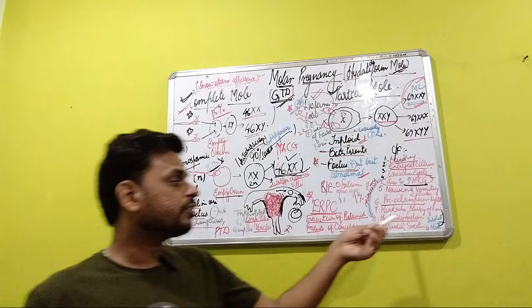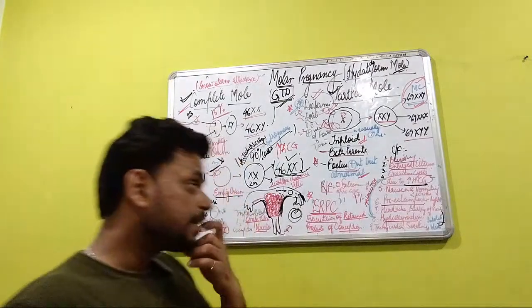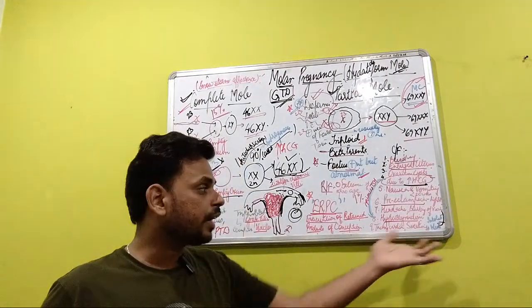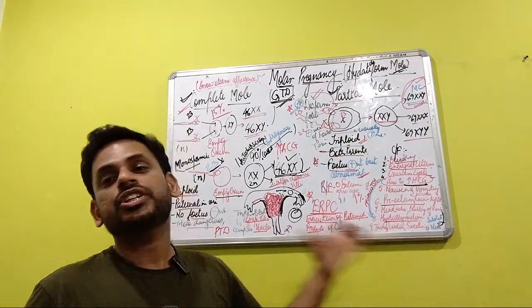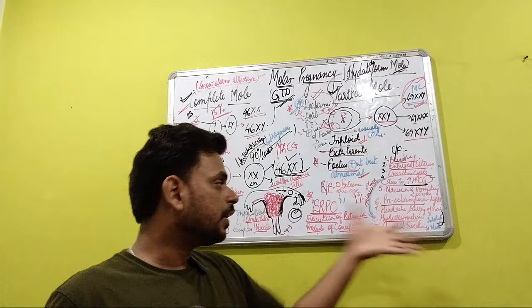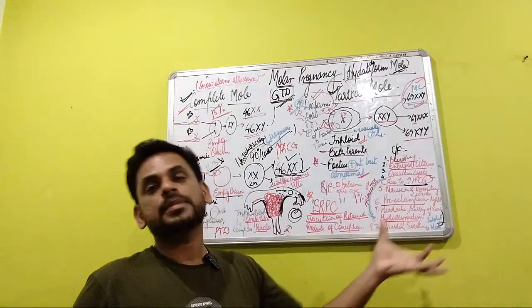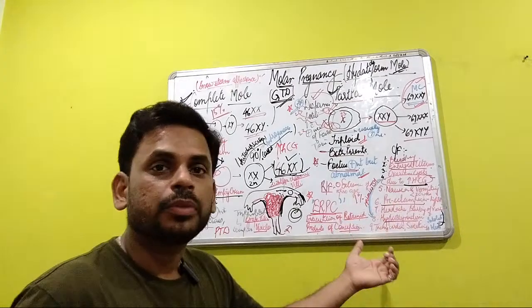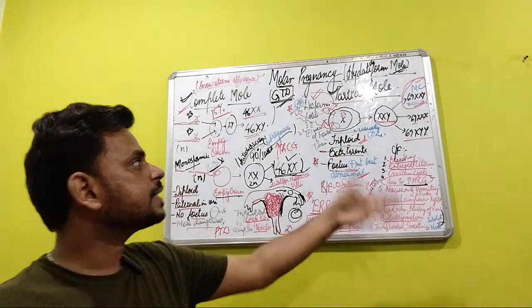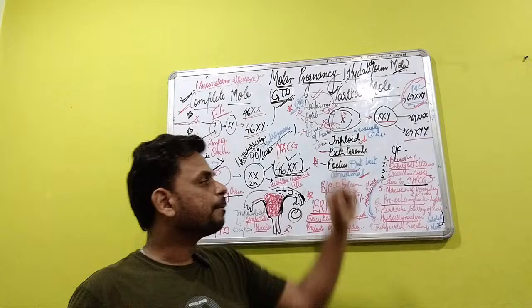Symptoms of hyperthyroidism, such as tachycardia, that is increased heart rate, sweating, intolerance towards heat, blurry vision and headache, can also be seen in such women. So this is the condition of the partial mole.